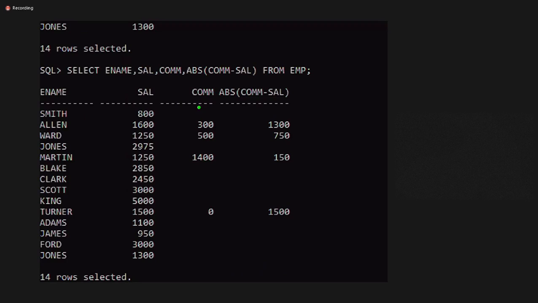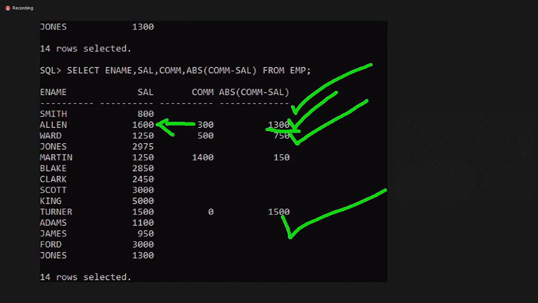Null minus 800 is null as usual, there is no problem. But here you can see 300 minus 1600 is now positive 1300. Previously it was negative but now positive. This is positive, and this is also positive, and a positive value always stays positive.